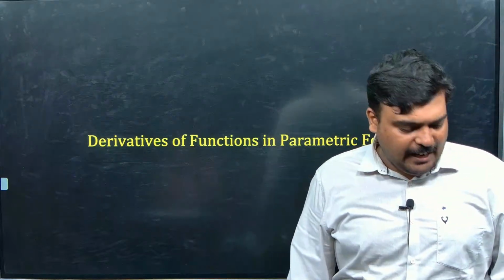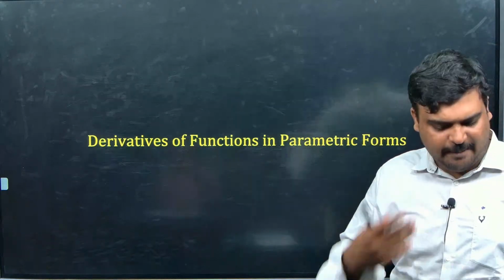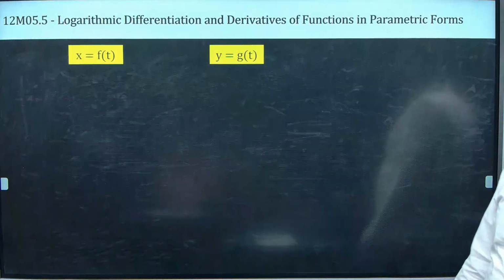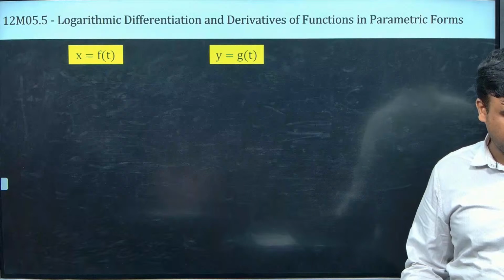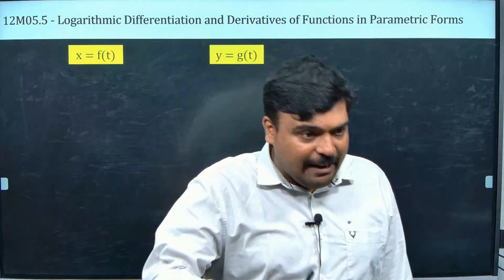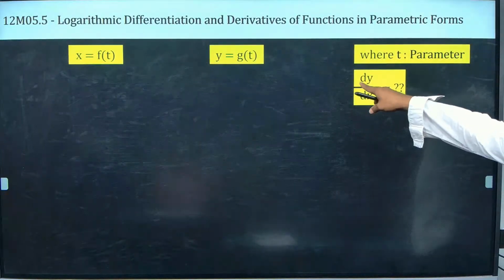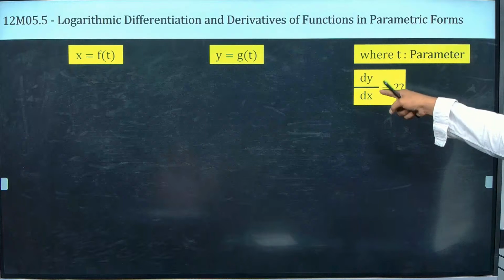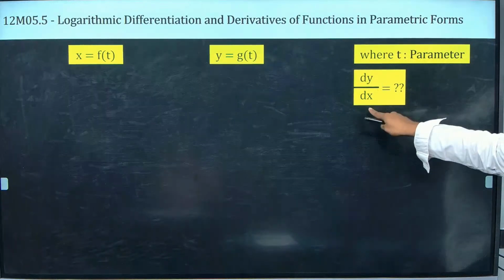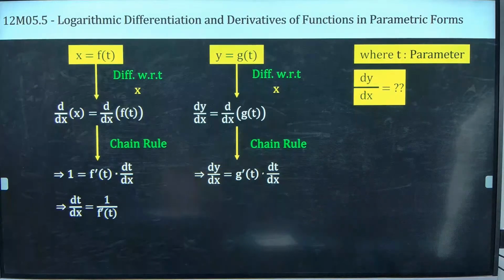See, first of all, நீங்க எப்போ parametric form னு படிச்சாலும், the functions will not be in x and y. x will be in some function, y will be in another function. For example, x is equal to f of t, y equal to g of t, where dy by dx will be differentiate y, differentiate x and divide the same.